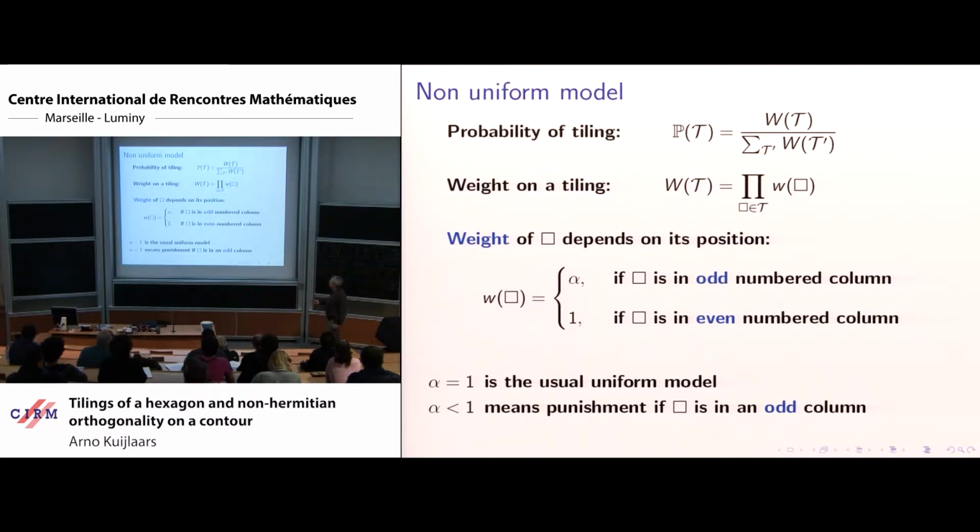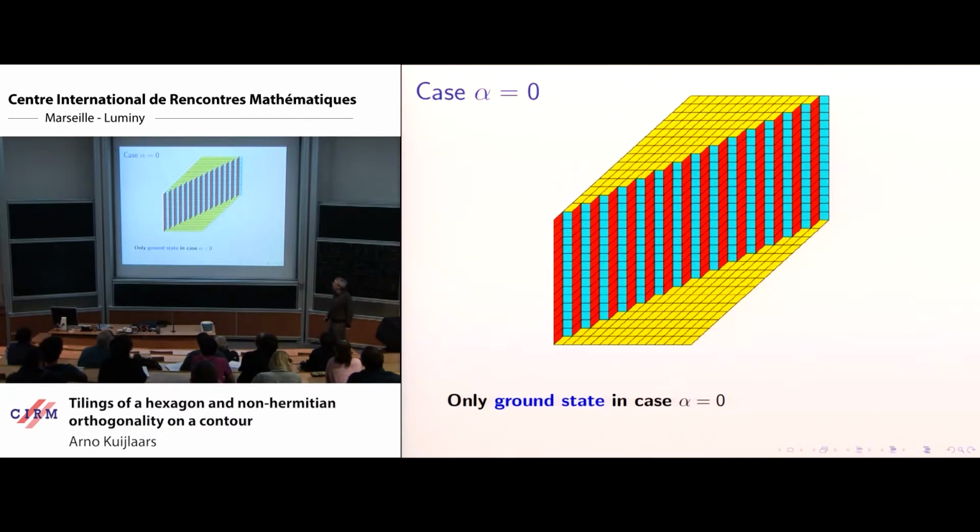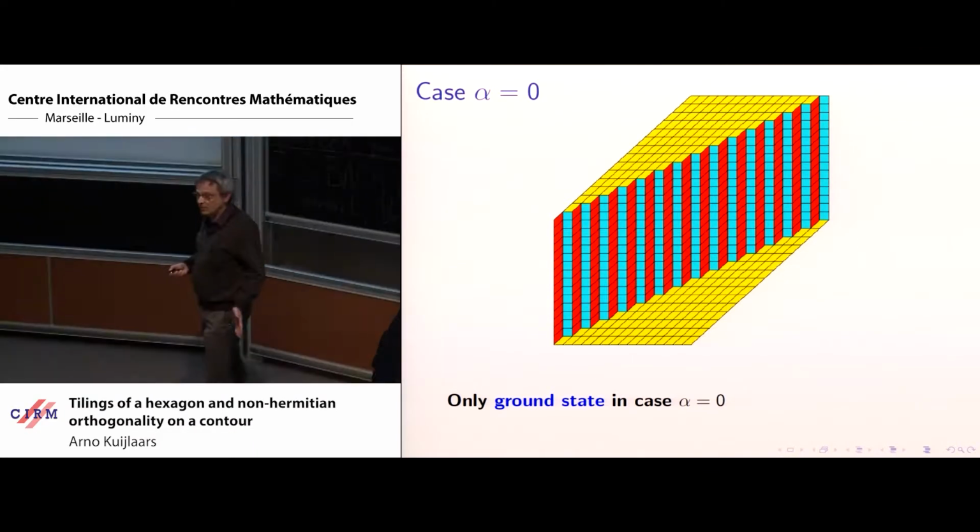In particular, if alpha is 0, then I don't want any square tiles in the first column, not in the third column, and so on. Then I get this picture. I should also emphasize that I'm working here with the regular hexagon, so all sides have the same length n. So there's only one possible tiling which has a non-zero weight if alpha is 0.